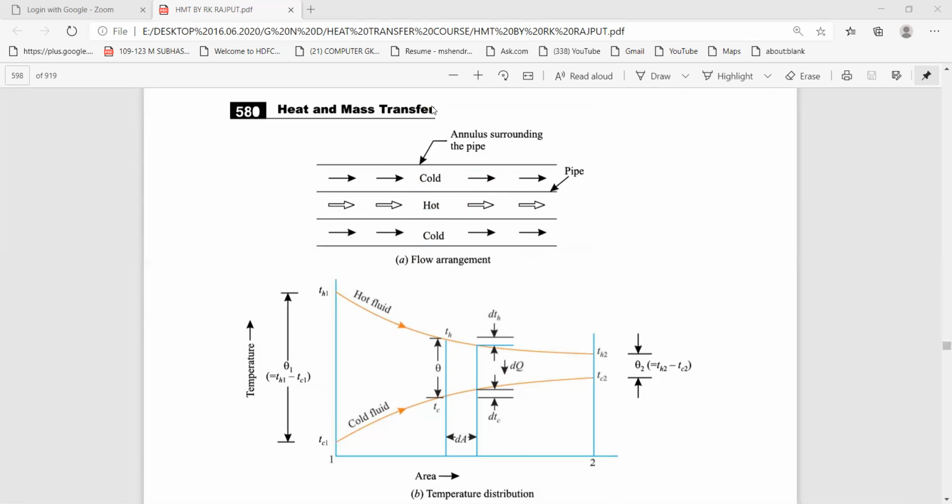If we consider the sectional view, this is the innermost pipe for the hot fluid, and next we have the annulus, which is circular and surrounds the hot fluid pipe.